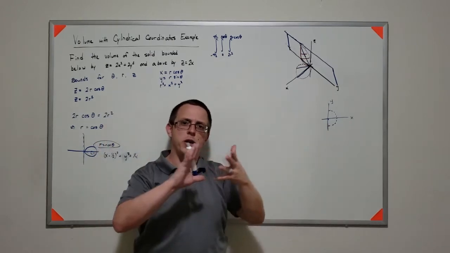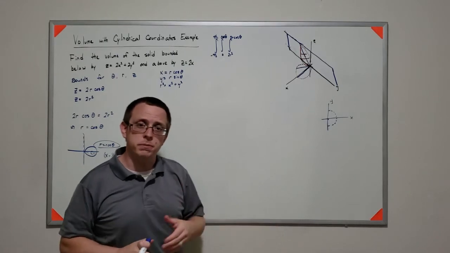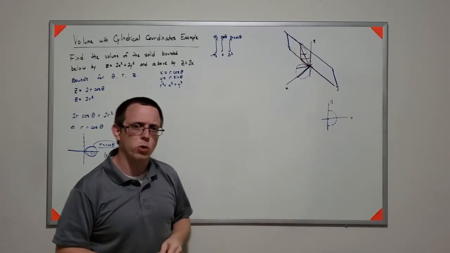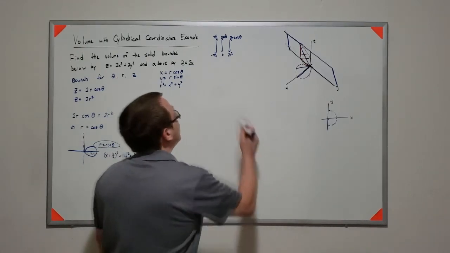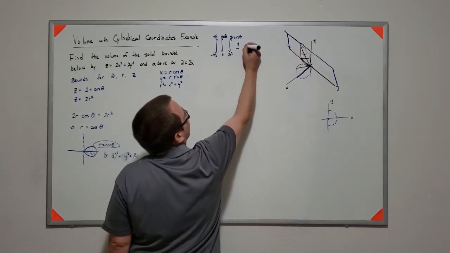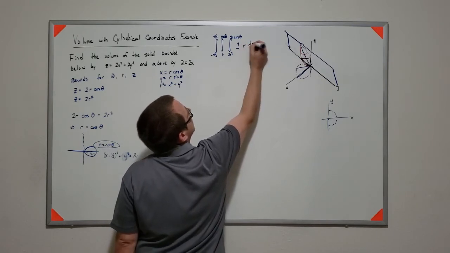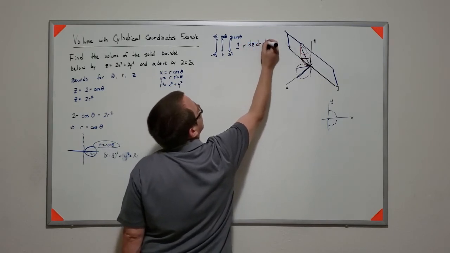If you get into iterated integrals of like 8 dimensions, which doesn't happen often, just remember that ordering matters. Anyway, if we're doing volume, the function that we integrate is a 1, and then we have an r. In this case, it looks like dz, dr, d theta.